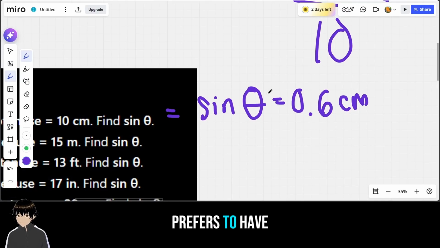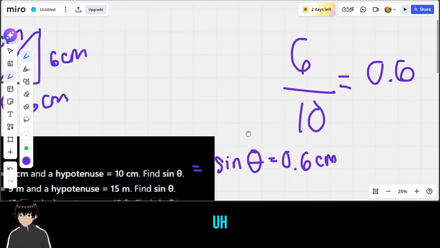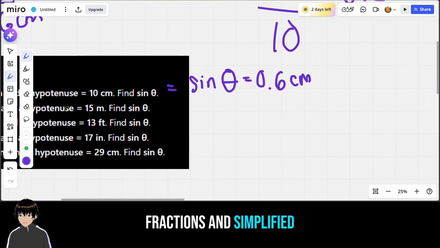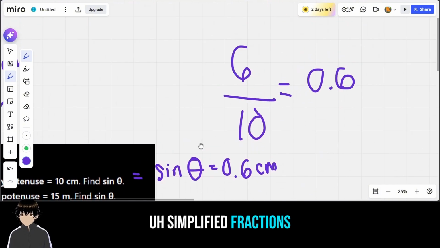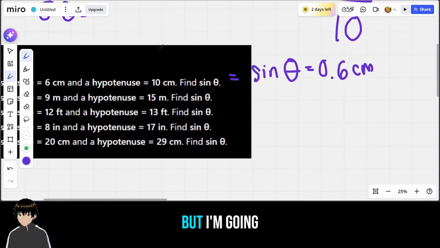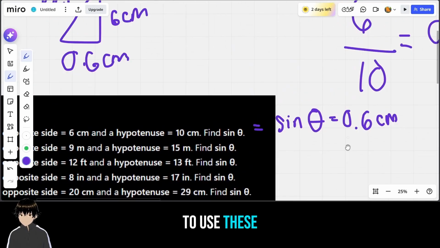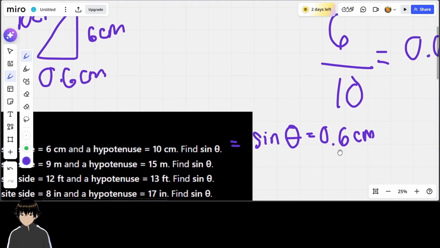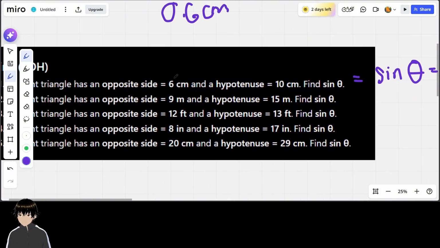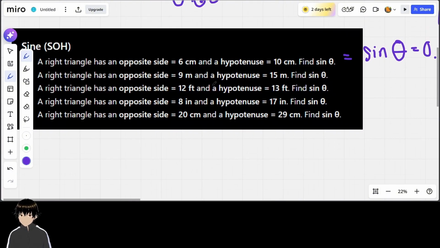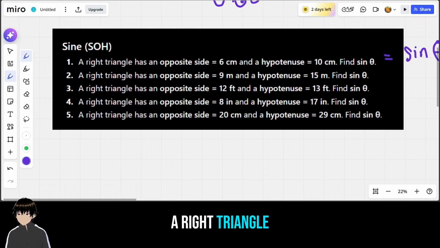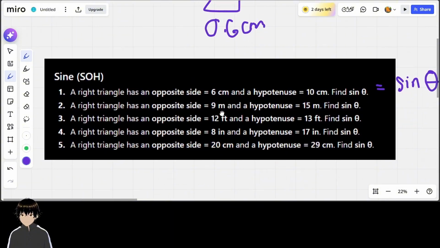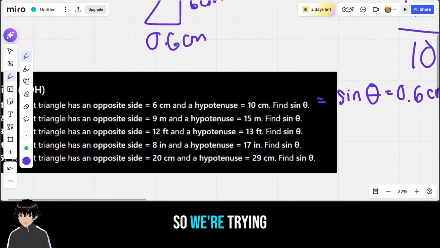ChatGPT just prefers to have simplified fractions, but I'm going to use these. A right triangle has an opposite side of 9 meters and the hypotenuse is 15 meters. So we're still trying to find sine here.